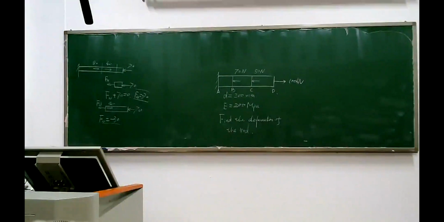It's 70. How to get it? At first you have to make a cut. Use the free body, then free how much? It's 120. So it will be minus 20. It's 70. Yes.